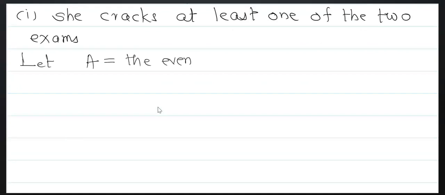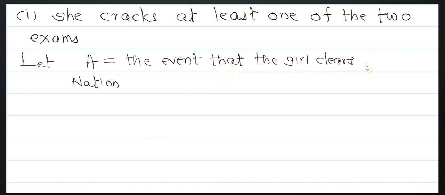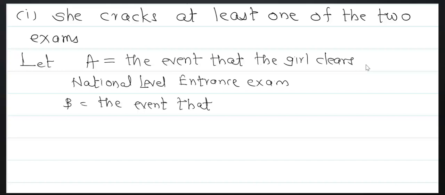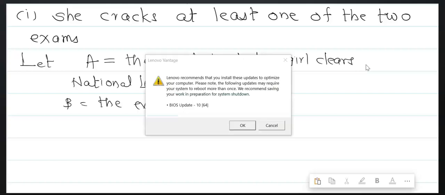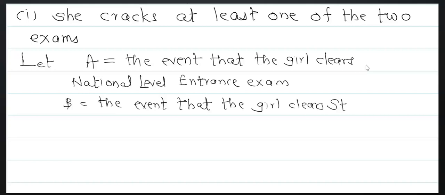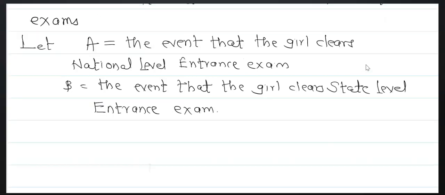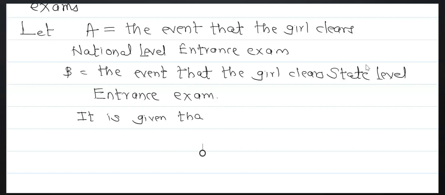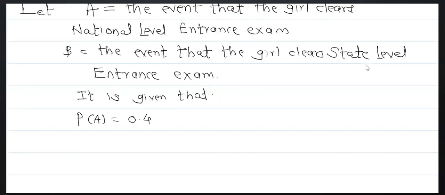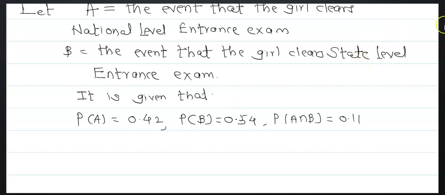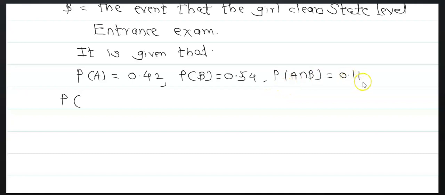Let A be the event that the girl clears the national level entrance exam. B, the event that the girl clears the state level entrance exam. It is given that P of A is equal to 0.42, P of B is equal to 0.54 and their intersection is 0.11.